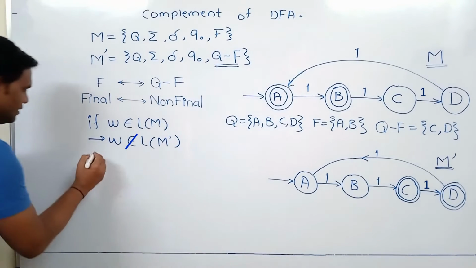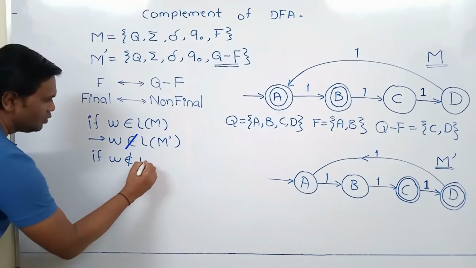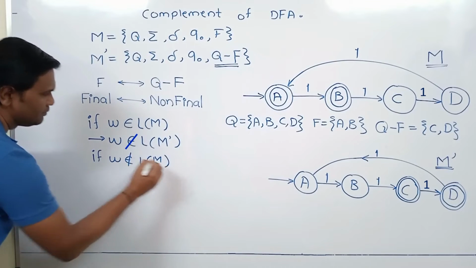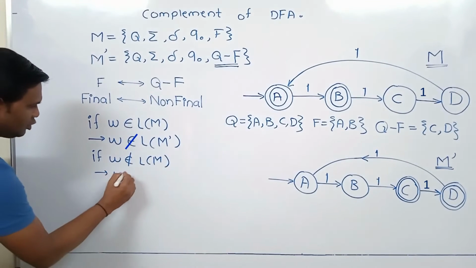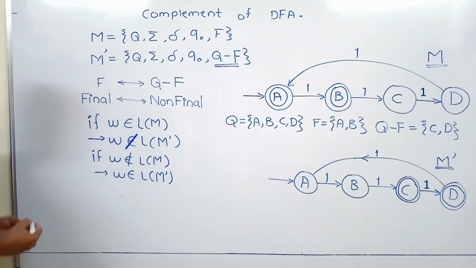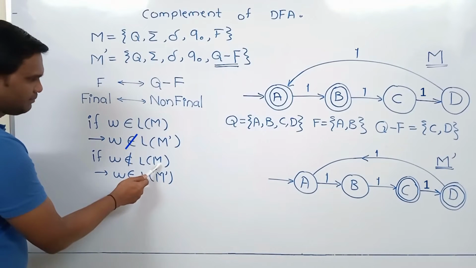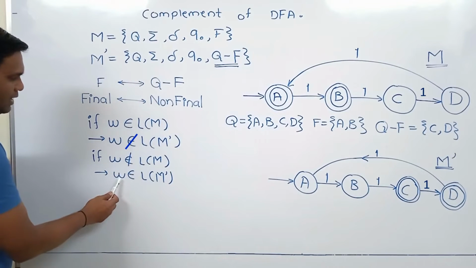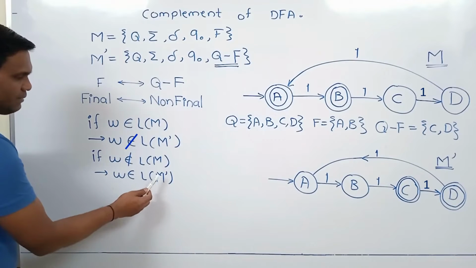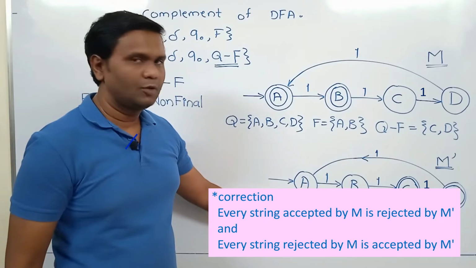Similarly, if W does not belong to L of M, then W belongs to L of M complement. If processing of W ends in a non-final state in M, then processing of W will end in a final state in M complement. Every string rejected by M is accepted by M complement.